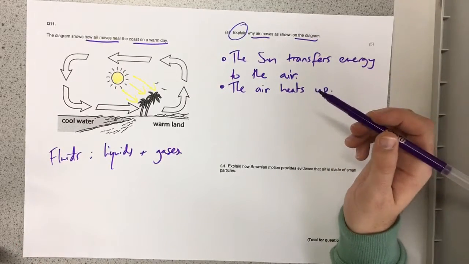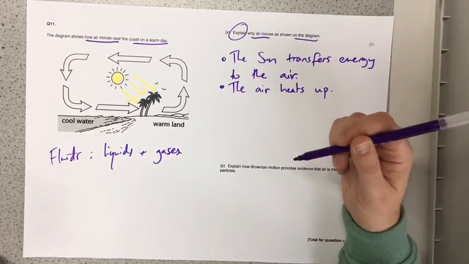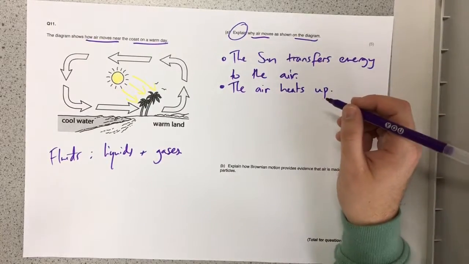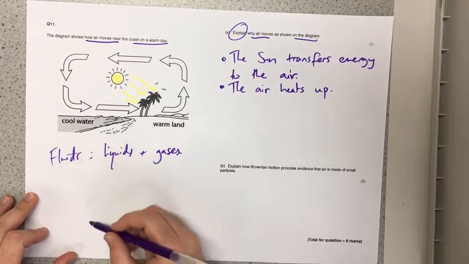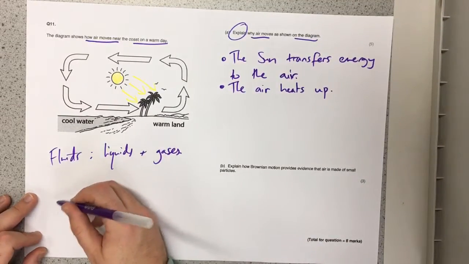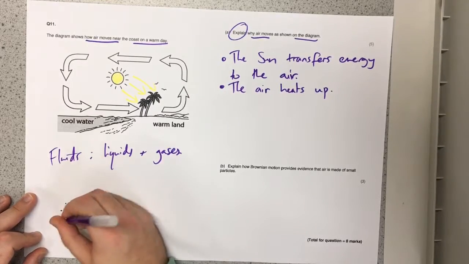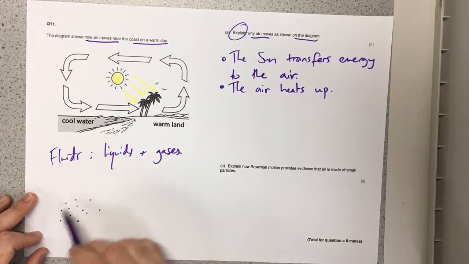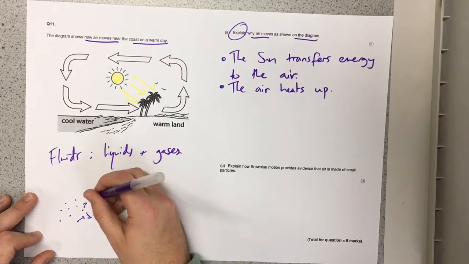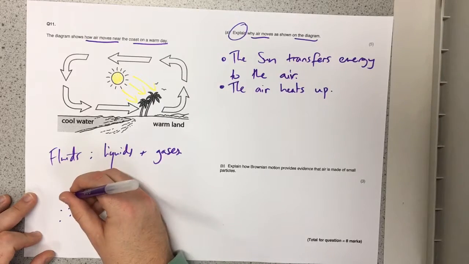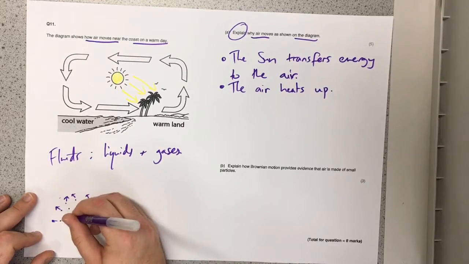Now, hot fluids, liquids or gases, they become less dense. And that's because if you imagine what's going on, it's easier to think about it in terms of gases. If we had a relatively cool gas, then you would have some particles moving around quite slowly in random directions. And whatever they're in, they're going to be having some collisions.